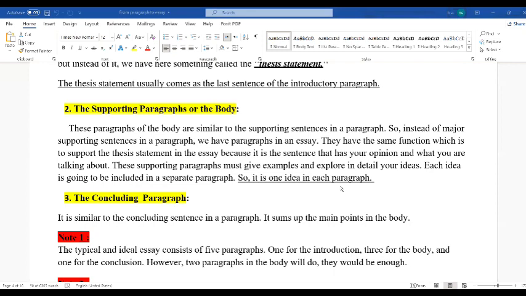It's not correct to have 2 ideas in only 1 paragraph. Okay, I will have in each body paragraph only 1 idea. Is it clear? Is there any question?